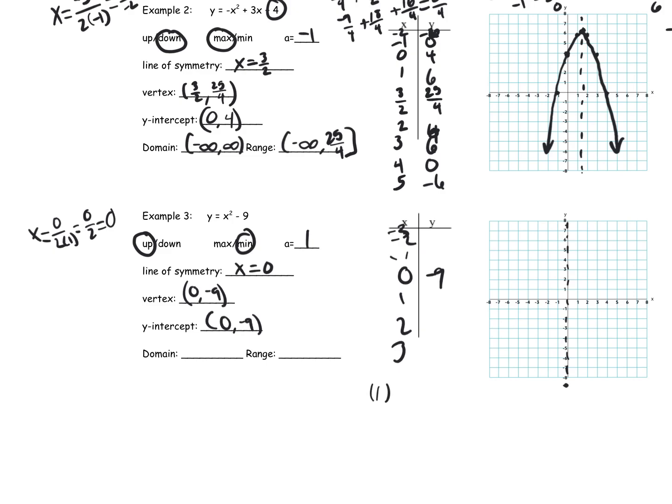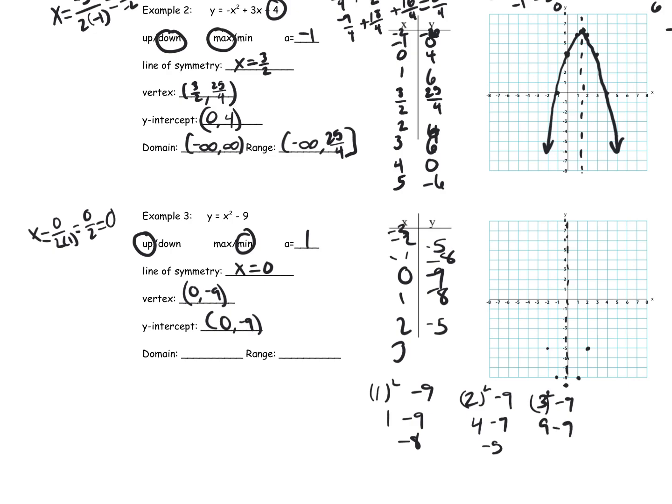All right, so let's just do that quickly. We'll do 1 squared minus 9. Well, 1 squared is 1, minus 9, so that's going to be negative 8. Oh, plotted that at the wrong spot. We run 2 through the function. 2 squared minus 9, so that's 4 minus 9, so that's negative 5. Both of those are going to be negative 5. And then we could run 3 squared through the function.